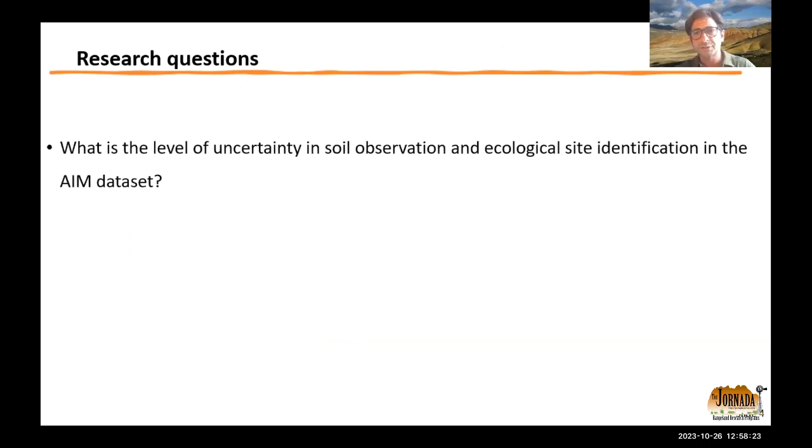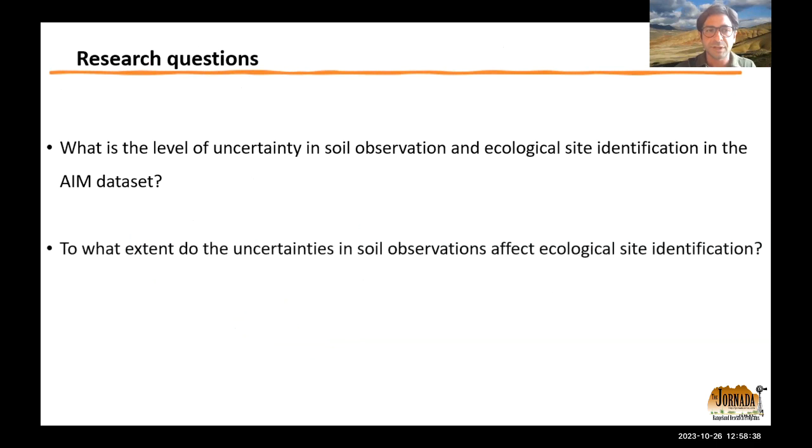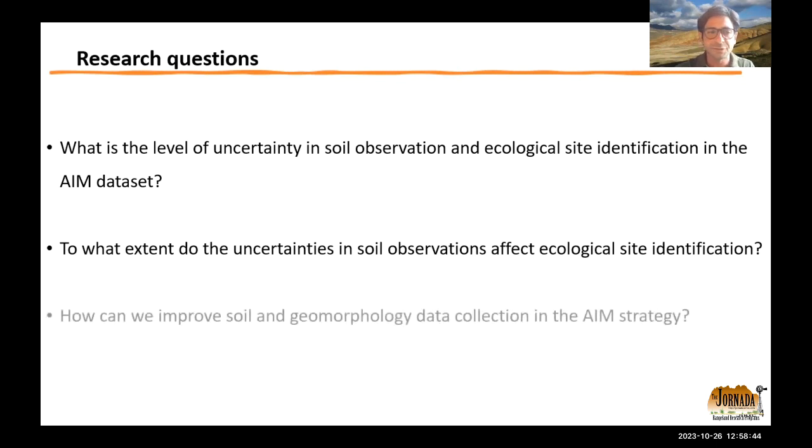The research questions behind my postdoc are: what is the level of certainty in soil observations and ecological site identification in the AIM data sets? To what extent do the uncertainties in soil observations affect ecological site identification? And lastly, how can we improve soil and geomorphology data collection in the AIM strategy?